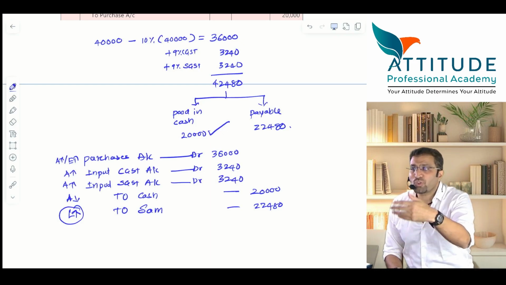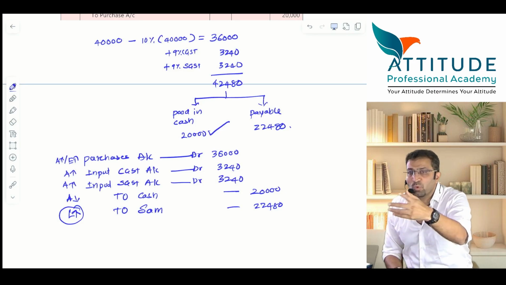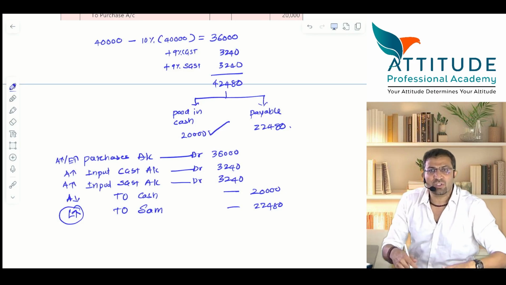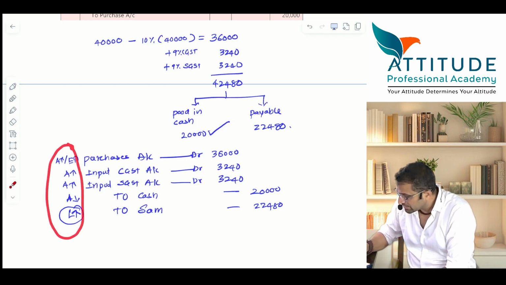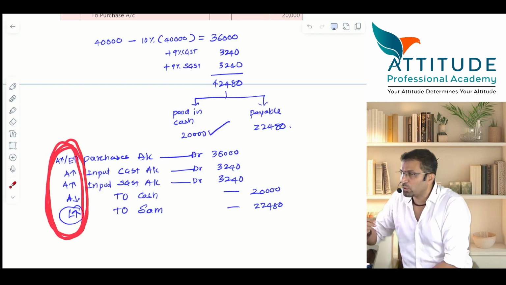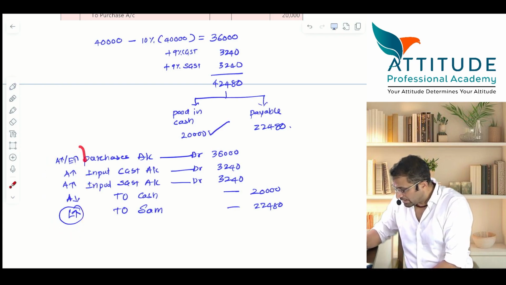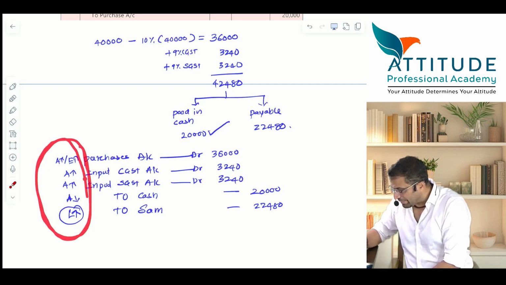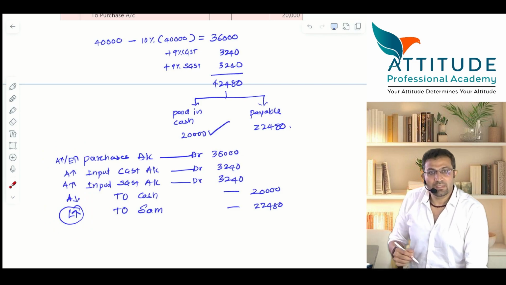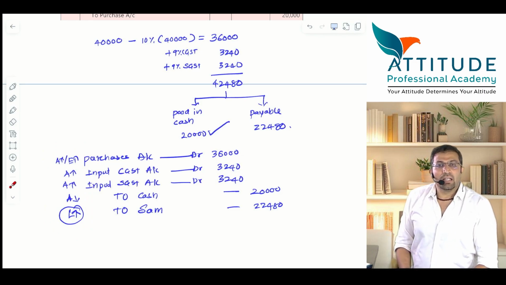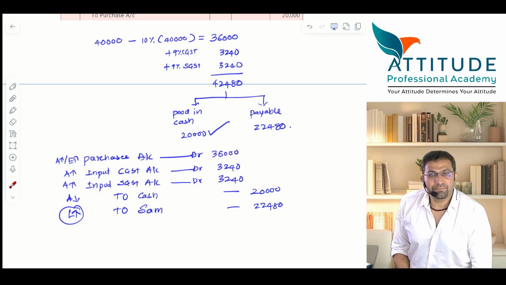The more you solve the journal entries, the more perfect you will be. Is that clear? Keep on solving journal entries with this. Main is this. If this sits in your mind, then everything is okay. Any difficulty?